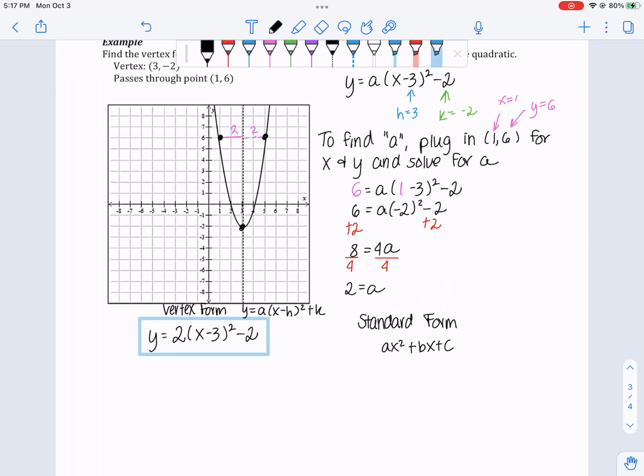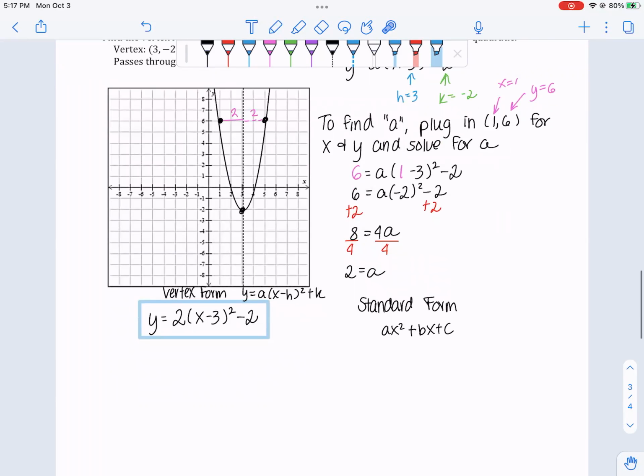That's the one we've been working with. If you ever want to go back to standard form, all you have to do is FOIL this guy out. So 2 times x minus 3 quantity squared minus 2. FOIL out the x minus 3.